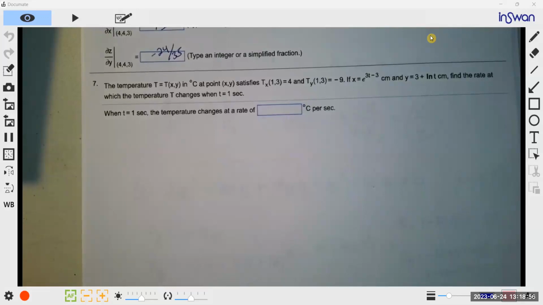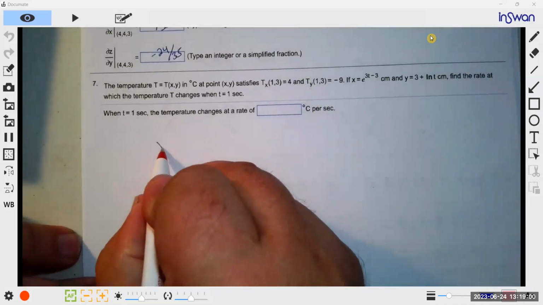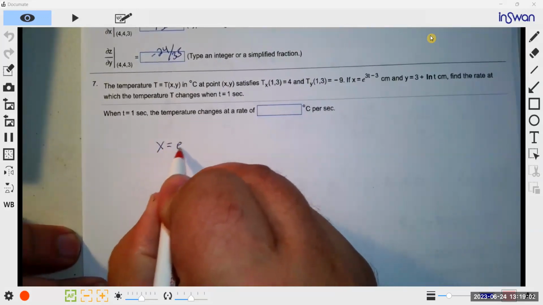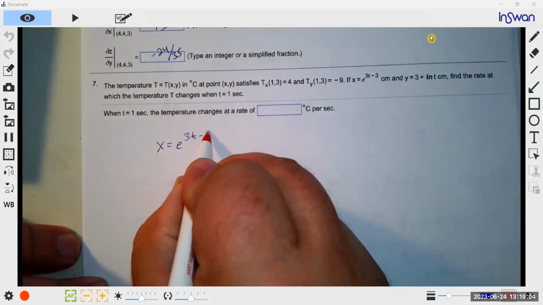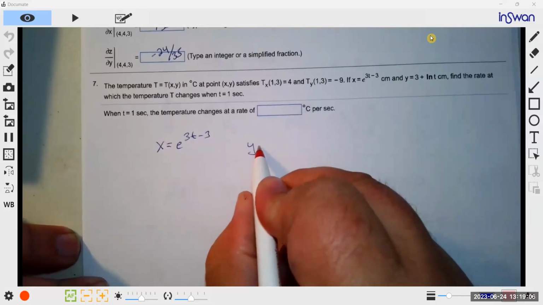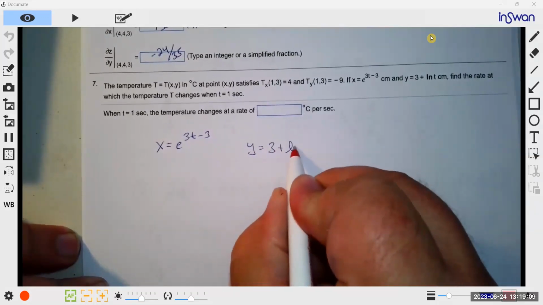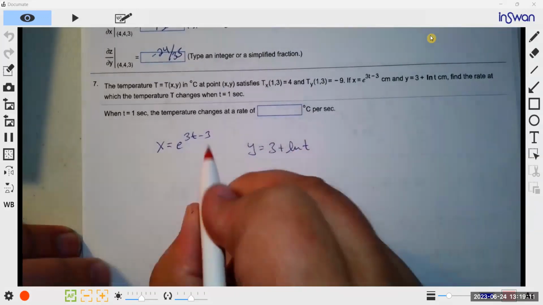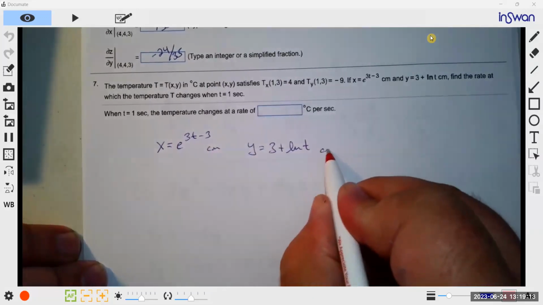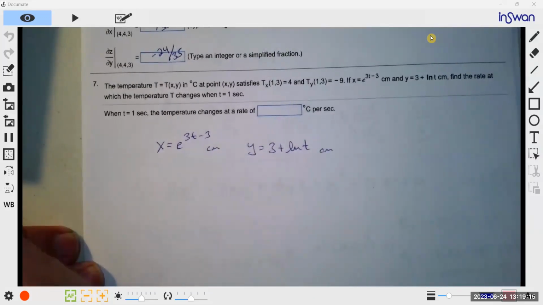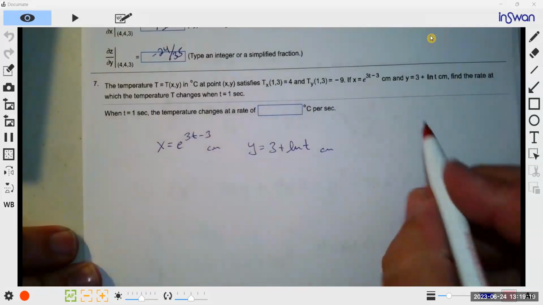Partial T_y at (1, 3) equals negative 9. If x equals e^(3t minus 3) and y is 3 plus ln t, both in centimeters, find the rate at which the temperature changes when t equals 1.